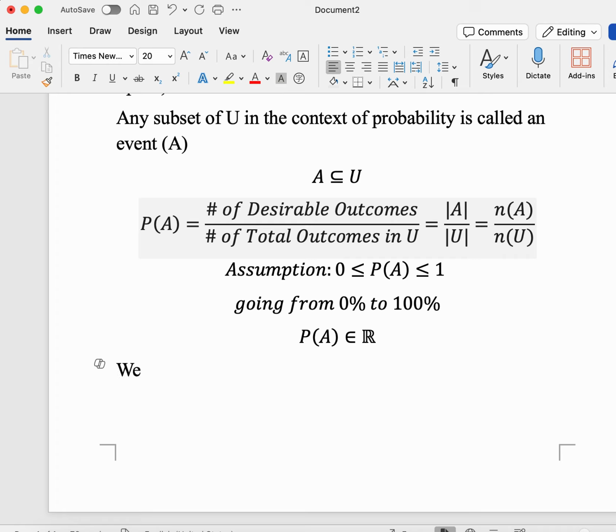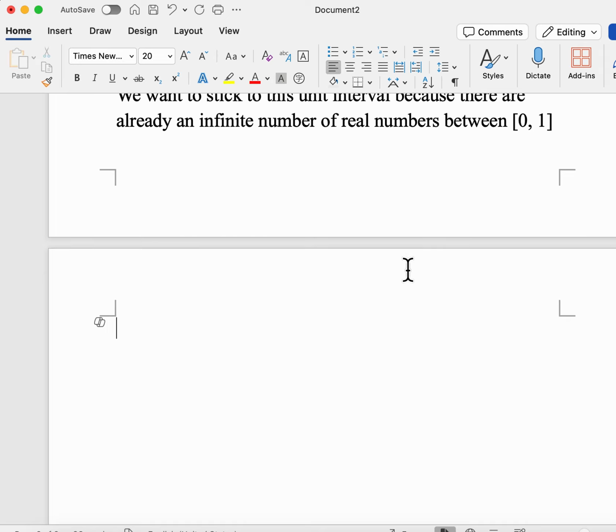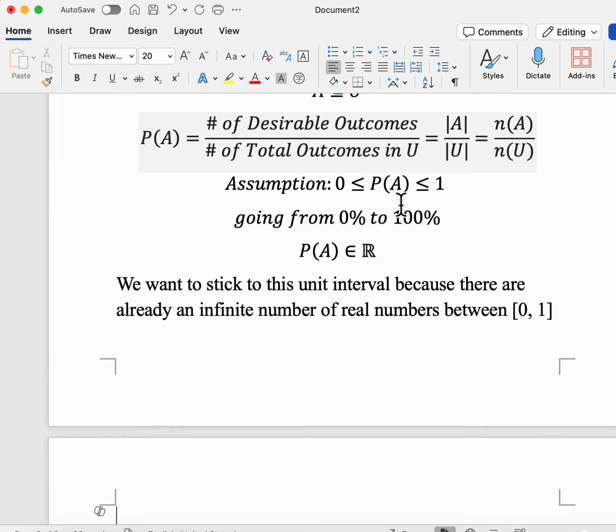And we want to stick to this unit interval because there are already an infinite number of real numbers between 0 and 1. And it's been a while since I did foundations of real analysis, so I'm going to completely hand wave or ignore that part.